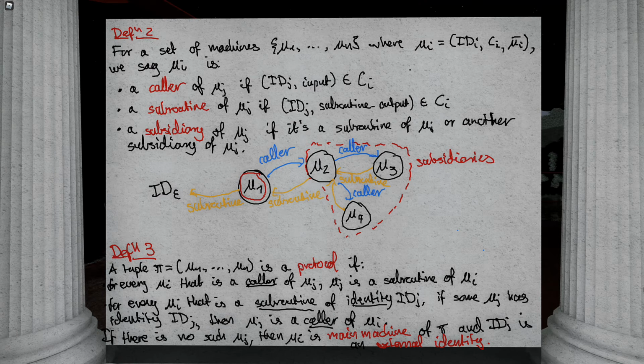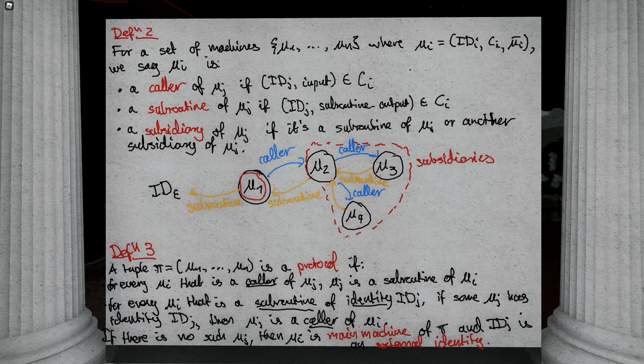Could you repeat what the purpose of having something called a main machine is? So I don't have this picture anymore, but what's going to happen when we define the semantics is the environment is going to run first, and it's going to give input to the protocol.